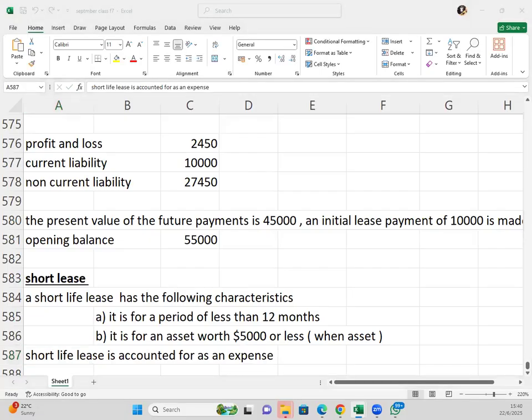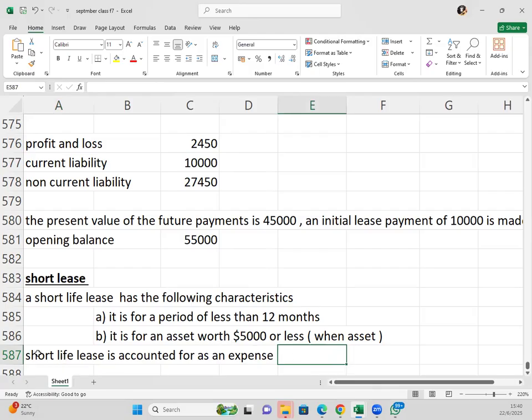No need to apply the detailed IFRS 16 procedures. So there is no need to create the right of use asset. If the lease is for a period of less than a year, or is for an asset with a value of less than 5,000, there is no need to create the right of use asset.